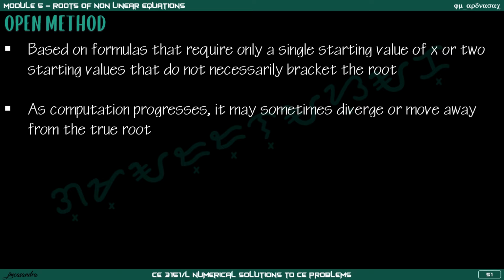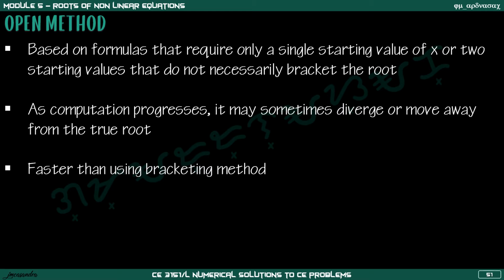As our computation progresses, it may sometimes diverge, meaning it will be moving away from the true value of the unknown x, or the root of the value x.